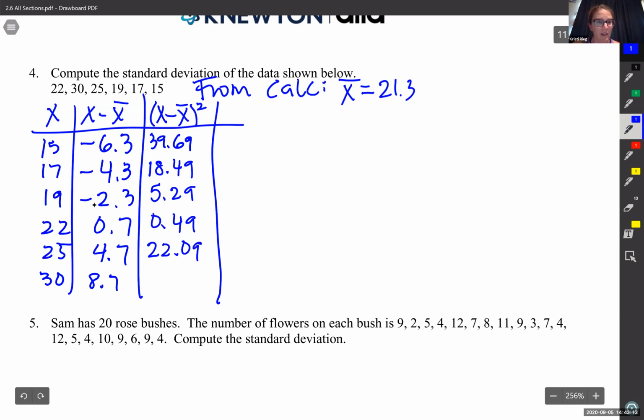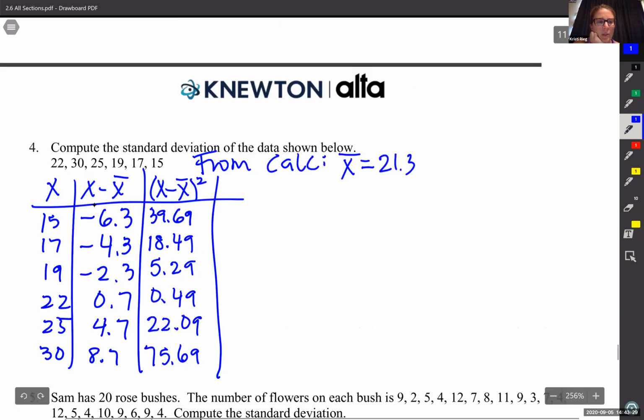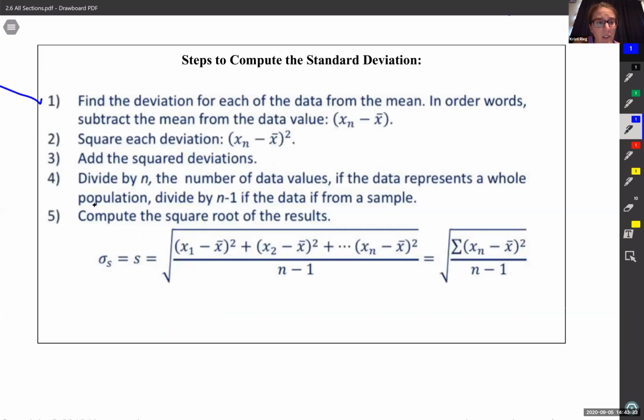Seeing a theme with these nines. And 8.7 squared is 75.69. Okay, so just to go back, in case anyone is following these steps, we've subtracted, that's a big check mark, and we squared. We're only two steps through, this is very long.